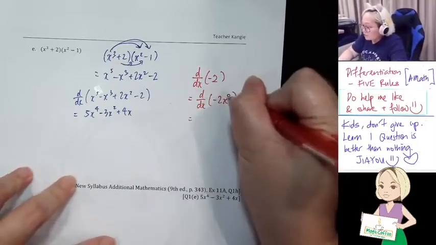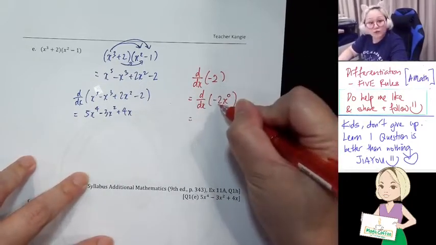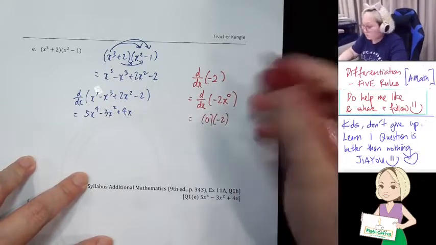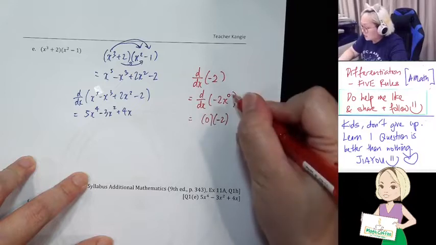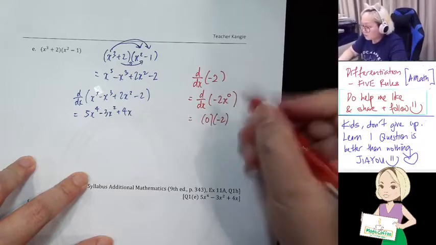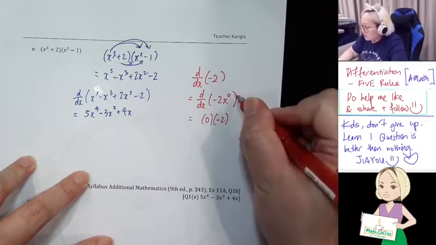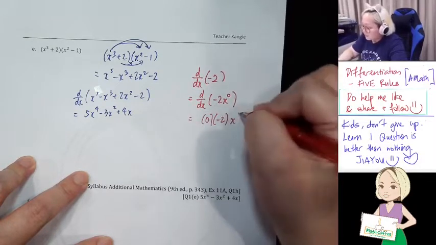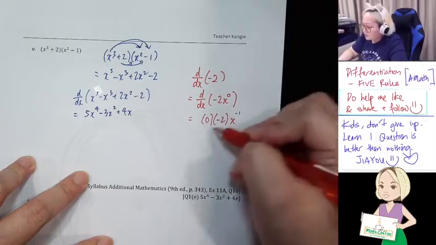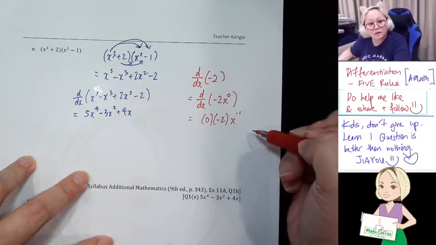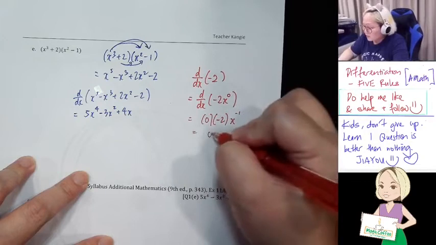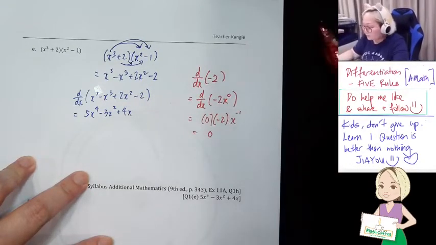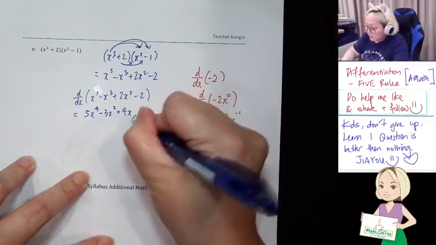So if I differentiate, power bring down is 0 times negative 2. 0 times negative 2 is 0. Of course this doesn't make sense because 0 minus 1, we don't get x to the minus 1, but because the whole thing becomes 0 already, that's why it's 0. So when you differentiate a constant, it's just 0. Understand? So this is the final answer.